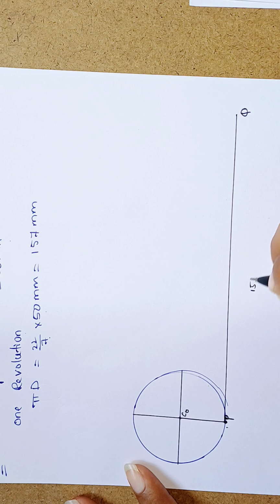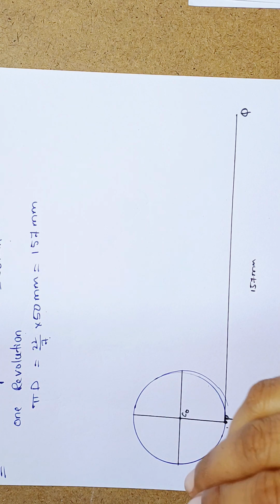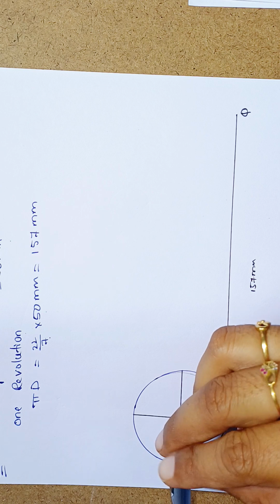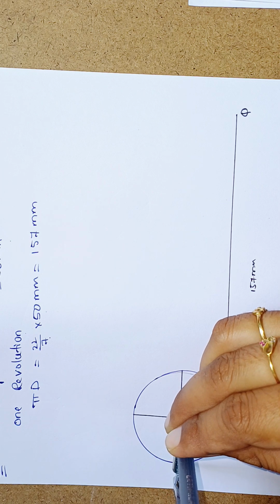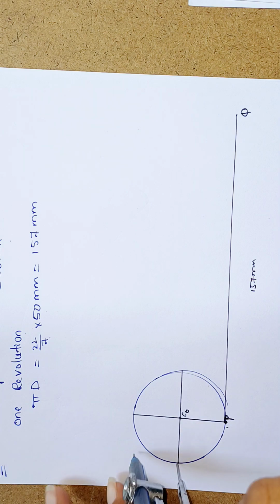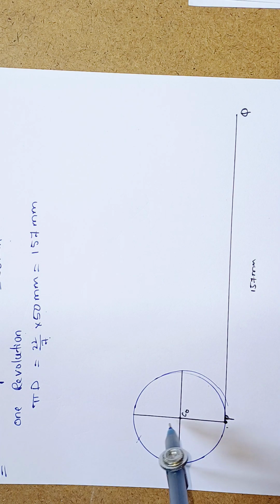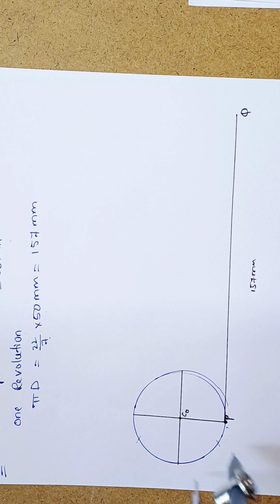Now consider 157 mm. You have to divide the circle into 12 equal parts. It is already divided into 4 equal parts, so now divide the circle into 12 equal parts. Using the geometric construction method, cut arcs on the upside and downside.